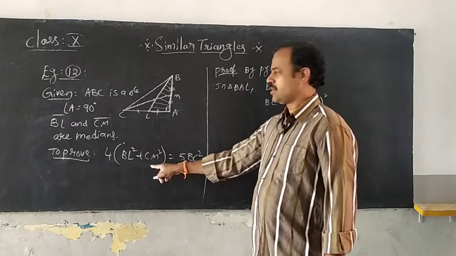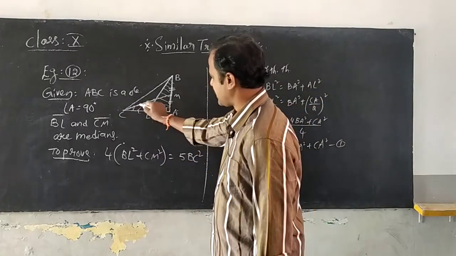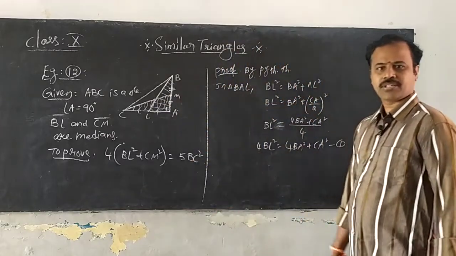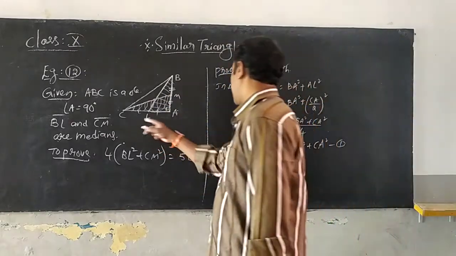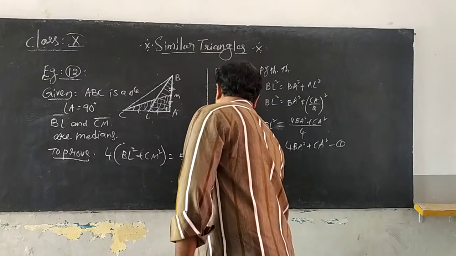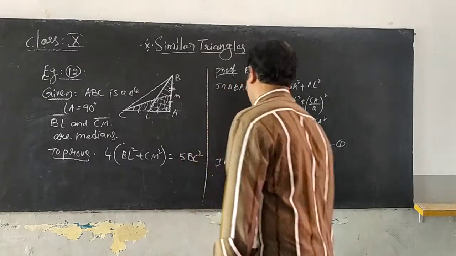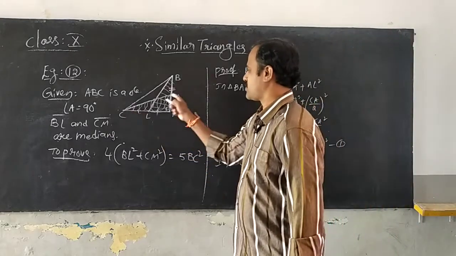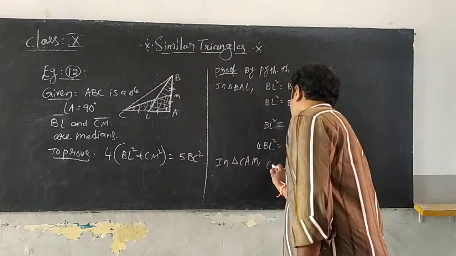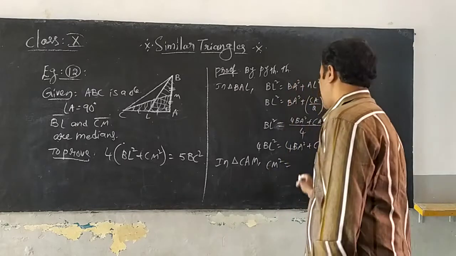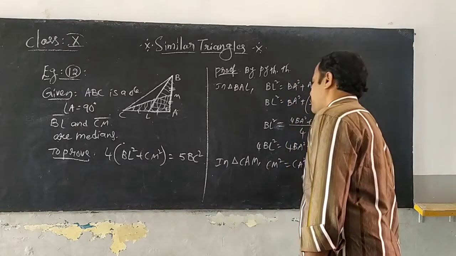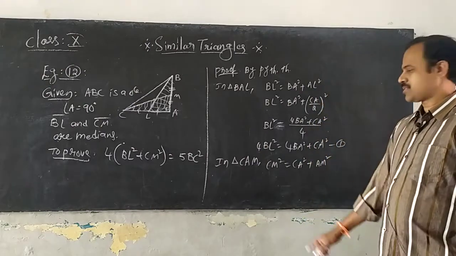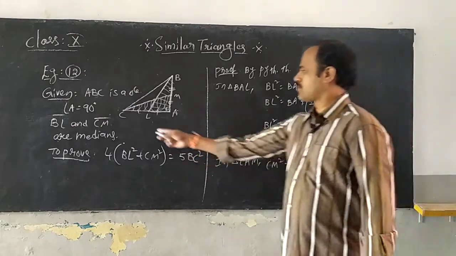CM square. So we take this second triangle which is based on CM. Right. In triangle CAM, observe carefully, I apply the Pythagoras law here. CM square is equal to CA square plus AM square, this is the hypotenuse.